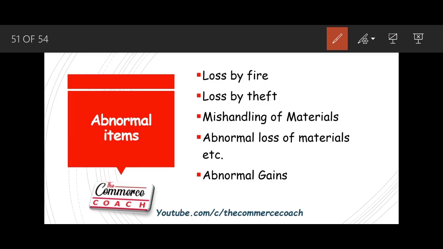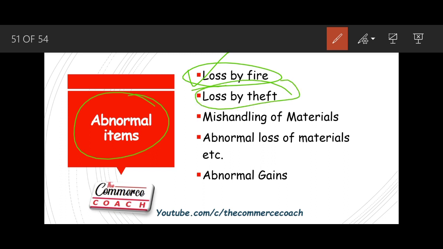In the same sense, loss by fire is not a general loss. It can be caused by the mistakes of an employee as well. So it is an abnormal loss. The cost of abnormal losses is recorded into the profit and loss account but not into the cost sheet. Loss by theft.